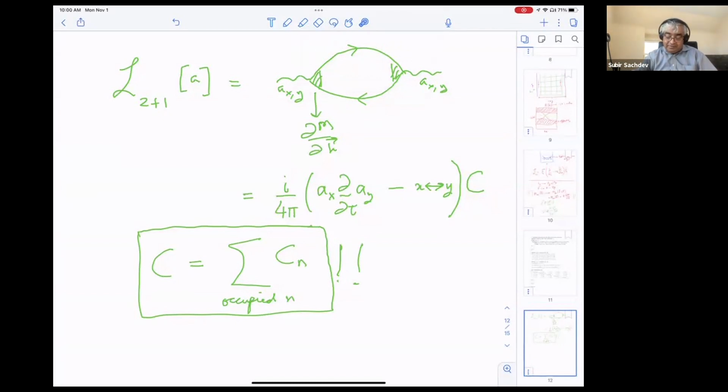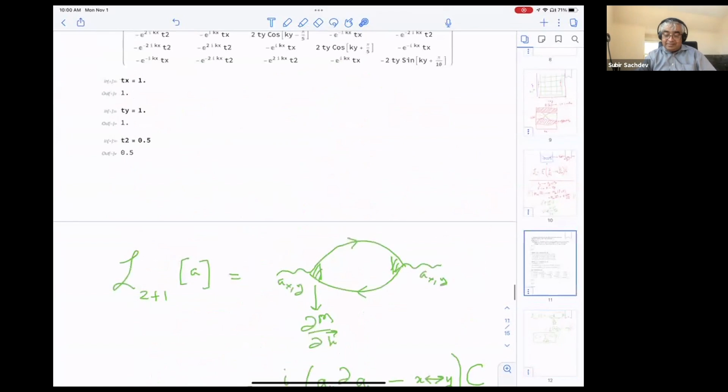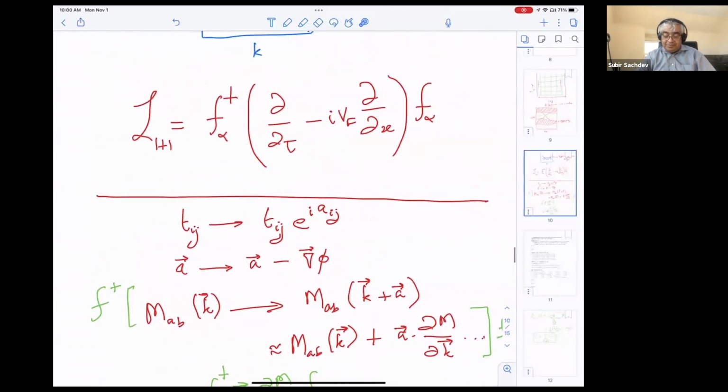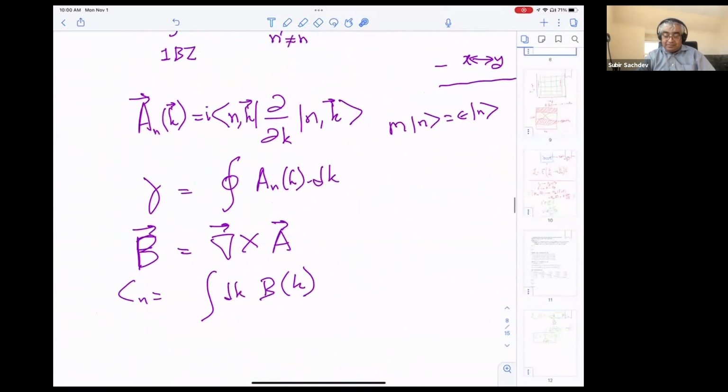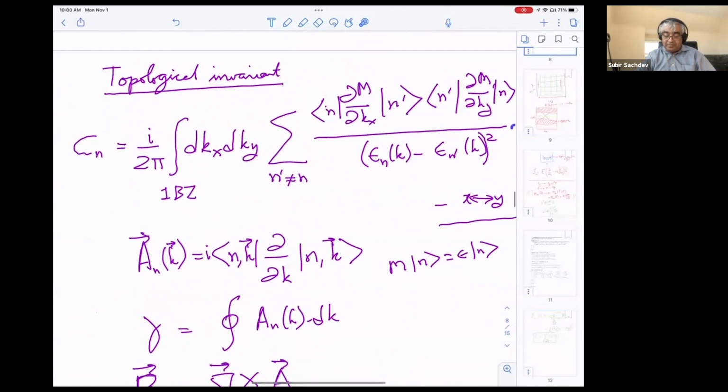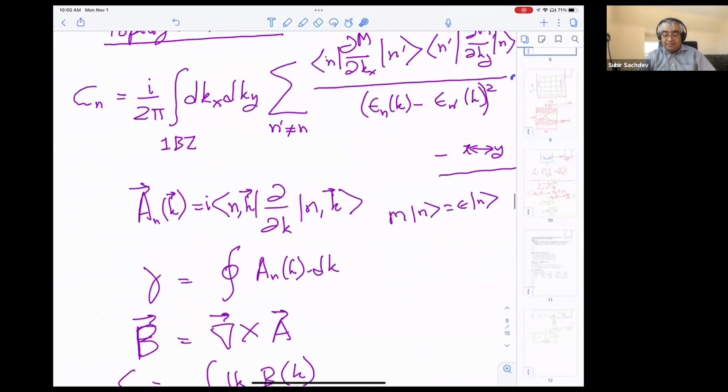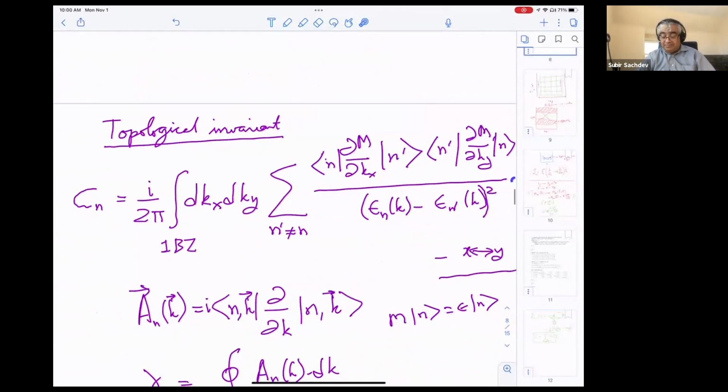You will get exactly from the Kubo formula exactly this expression that appeared here in the Chern number. This will just appear exactly from that one loop diagram. All right. So that's an amazing connection between very different pieces of physics, all coming together in a really beautiful way, I think.